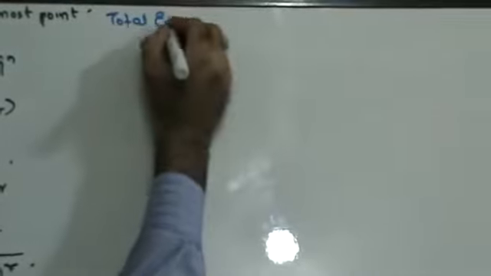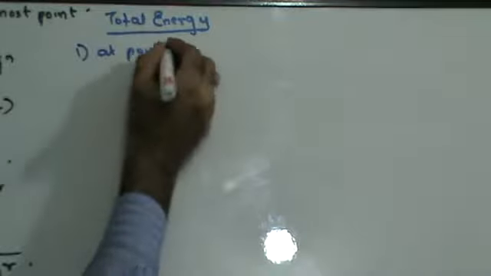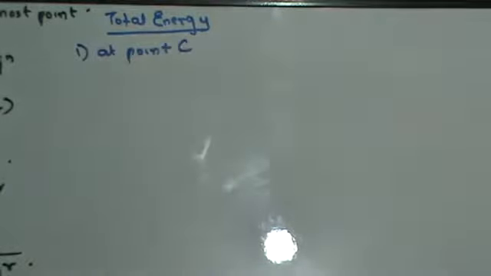Let's find out the total energy. Now total energy at point C. Now we know that total energy is the sum of potential energy and kinetic energy.